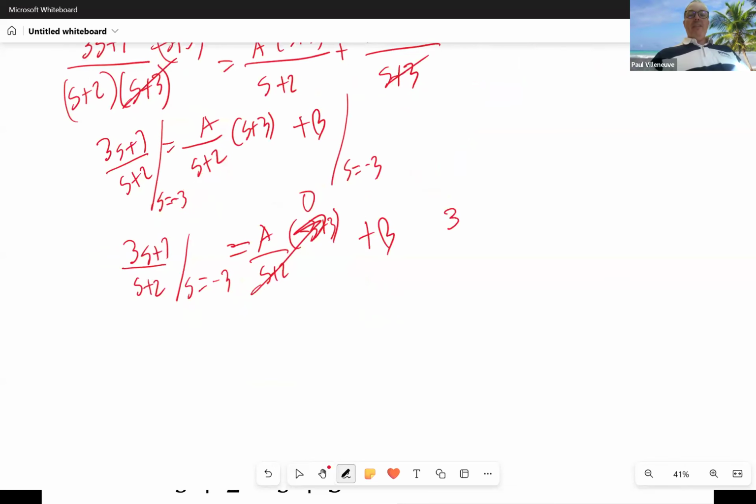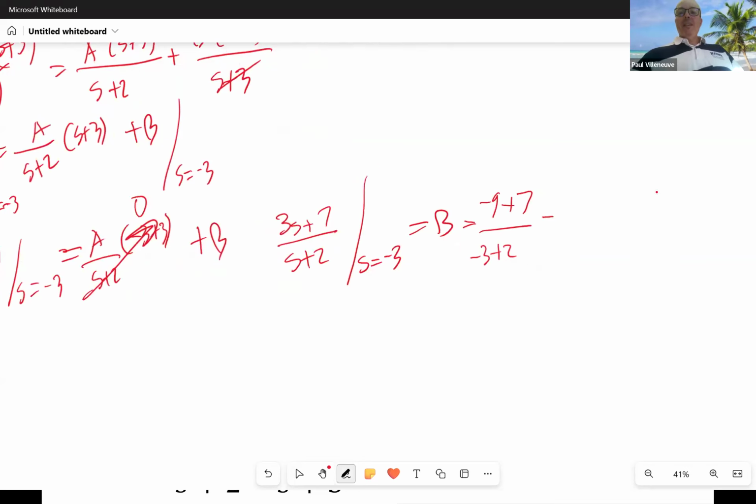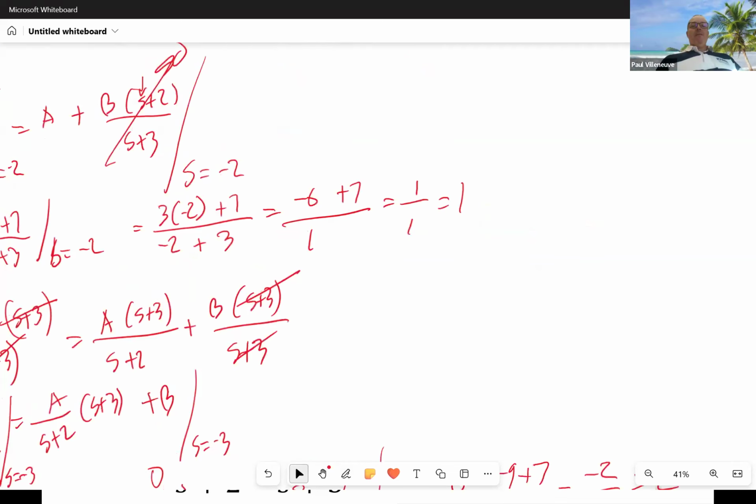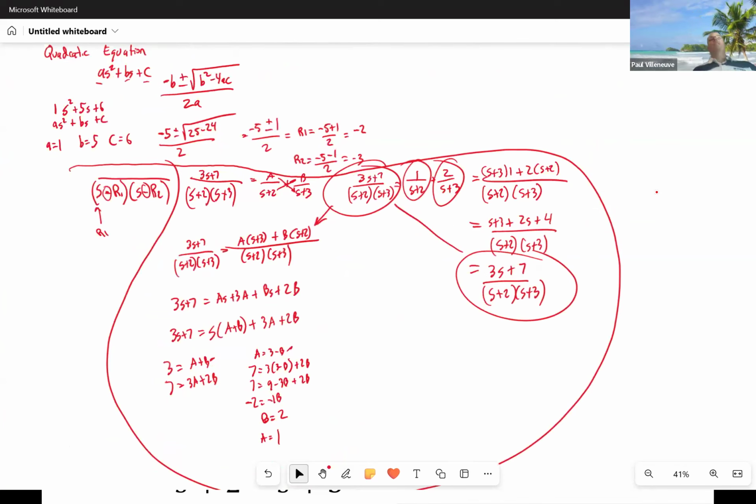So what I have is 3S plus 7 over S plus 2, evaluated at S equals -3, is going to be equal to B. Let's plug it in. 3 times -3 is -9, plus 7 over -3 plus 2 is equal to -2 over -1, which is equal to 2. Is that what we got from before? Sure is.